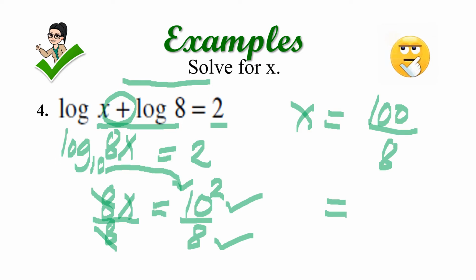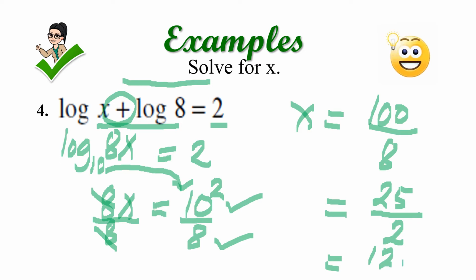So 100 divided by 4 is 25, and 8 divided by 4 is 2. Therefore, our answer is 25 over 2, or if you want to make it decimal, this is 12.5. So these are the accepted answers. It's either 25 over 2 or 12.5 in decimal.